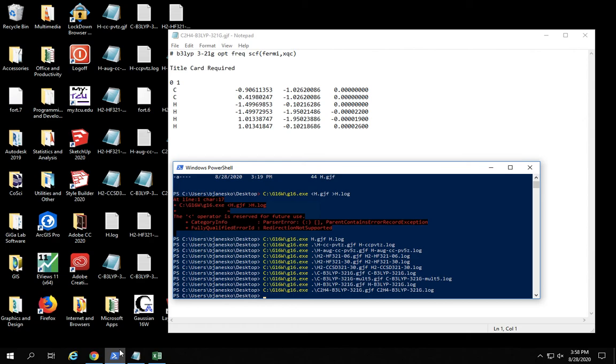The standard state of hydrogen is H2 gas, and the standard state of carbon is solid diamond. So if we wanted to compute that directly, we'd have to compute the ground state enthalpy of C2H4, the ground state enthalpy of H2, and then the ground state enthalpy of diamond, which would be a complicated periodic boundary condition calculation.